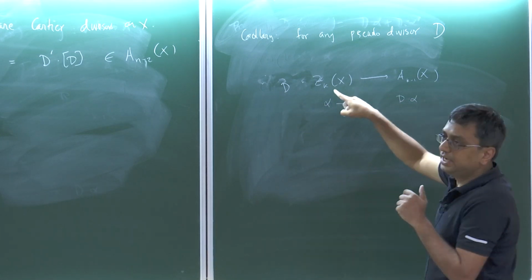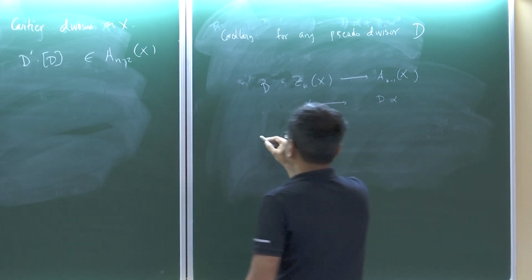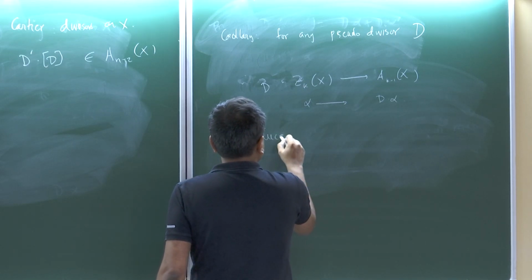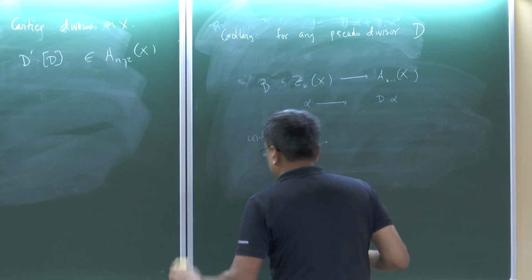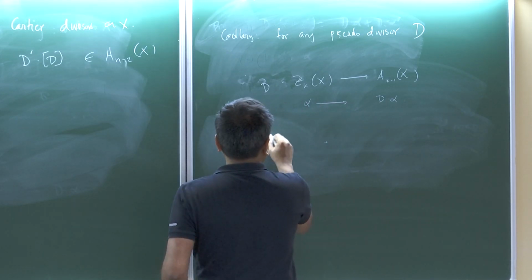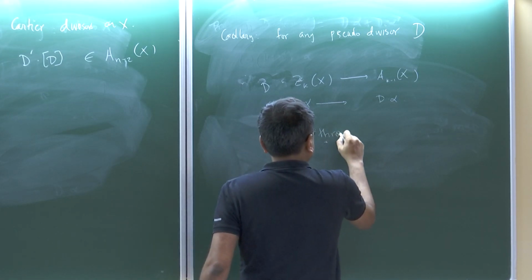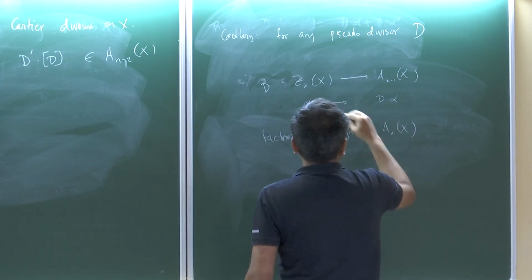This induces a map from A_k(X) to A_{k-1}(X), or this factors through, is a better word, A_k(X).